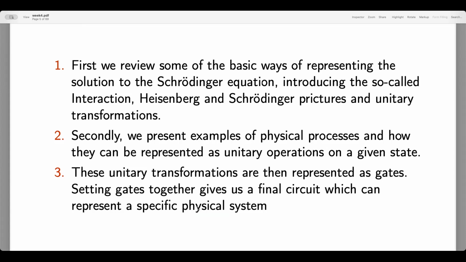So if you're going to make a calculation or a simulation on a specific physical system with a quantum algorithm, you will rewrite this in terms of a circuit which then consists of specific gates, where at the end you make a measurement. And you do make these measurements many, many times. So this is a kind of basic pipeline.